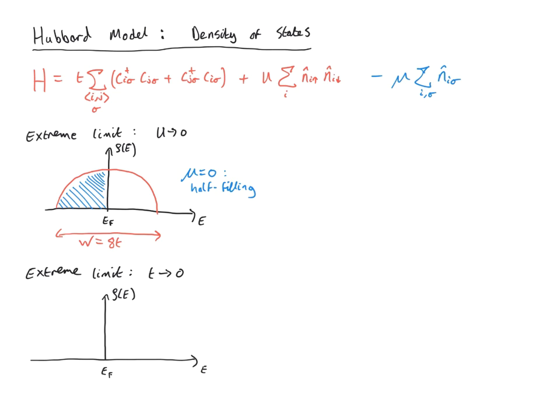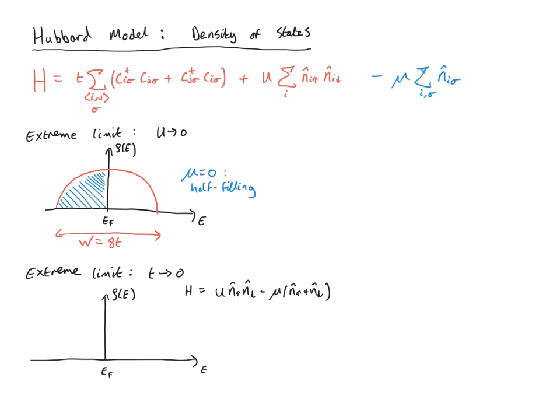We actually also have, of course, this chemical potential term in there, so I'll include that as well. So I can imagine applying my Hamiltonian to a given basis state, U n up n down, for a particular state, minus mu times n up plus n down. You see here I have the sum over sigma as well. That's the Hamiltonian that I'm going to be interested in this particular case.